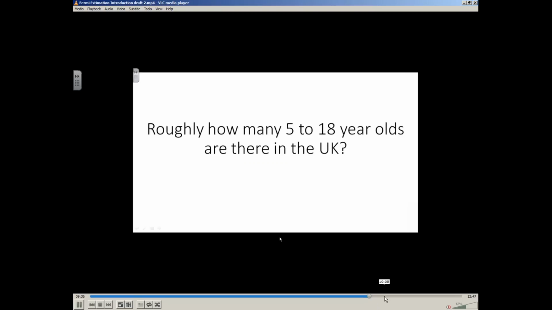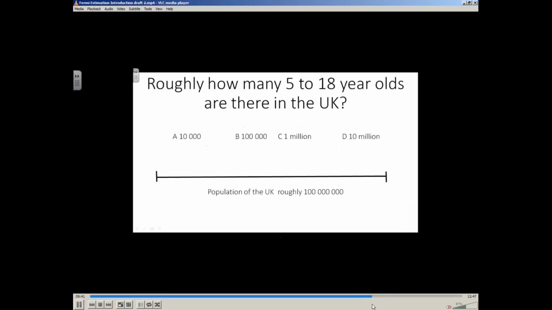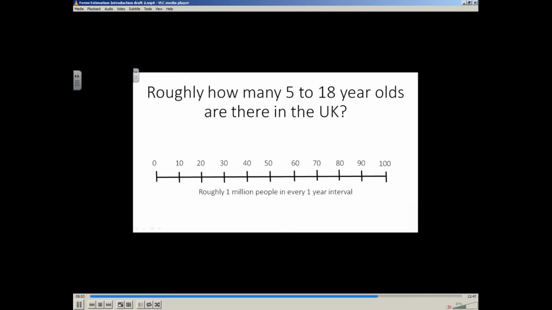Okay, let's think of this visually. If we had a big line representing all the people in the UK, so there you are, that line represents 100 million people, and people live till they're 100, okay? Let's chop it up by years, 10, 20, 30, 40, 50, 70 years. What we have is 1 million people in every 1 year interval. Well, now we're getting somewhere, because now we just overlay this picture with our 5 to 18-year-olds. Where do the 5 to 18-year-olds go here?